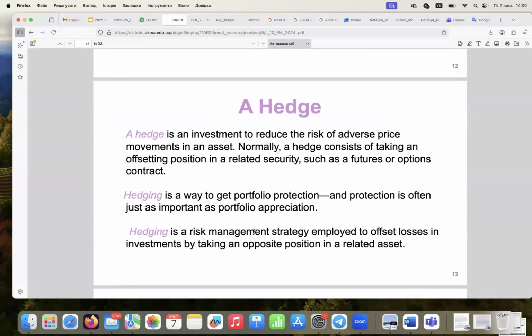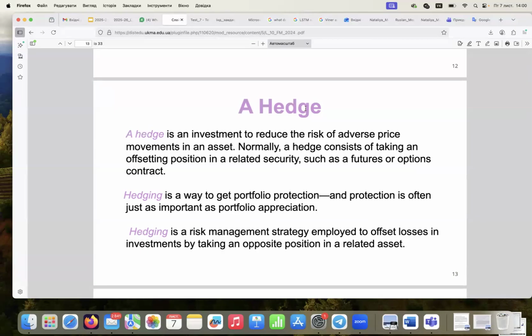With this delta is connected the second part of our lecture. It should be delta hedging. But before, about the simple hedge. What is a hedge in general? In general, we mean a hedge like an investment to reduce the risk of adverse price movements in an asset.